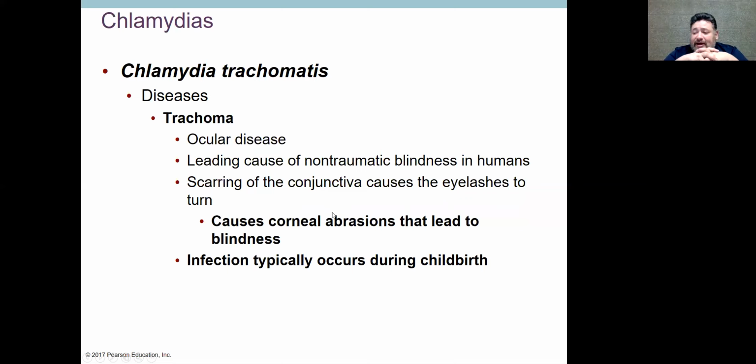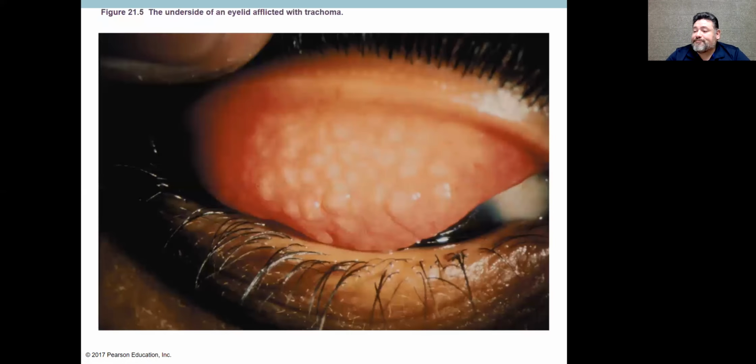When the infection takes hold, it inflames the inside of the eyelid, and it causes it to turn inside out. In doing so, the eyelid causes pressure on the cornea of the child, and that pressure can lead to corneal scarring. So again, this is something that if the mother is known to have this infection, it needs to be treated prophylactically in the child to prevent blindness.